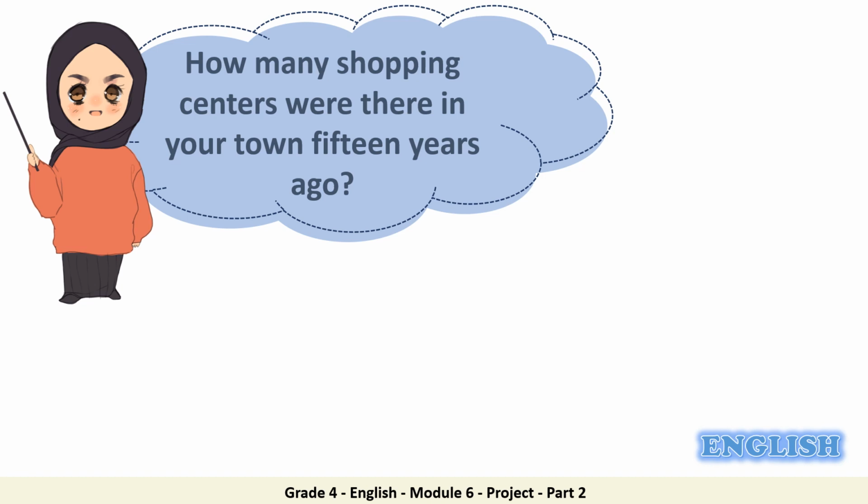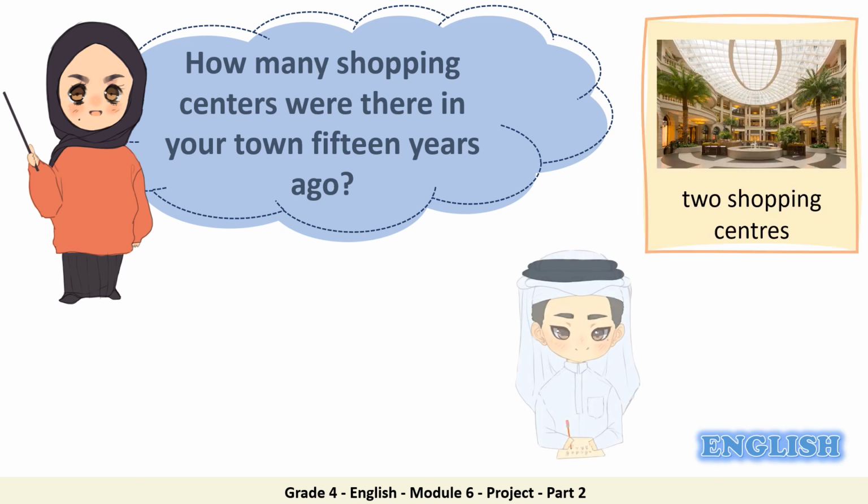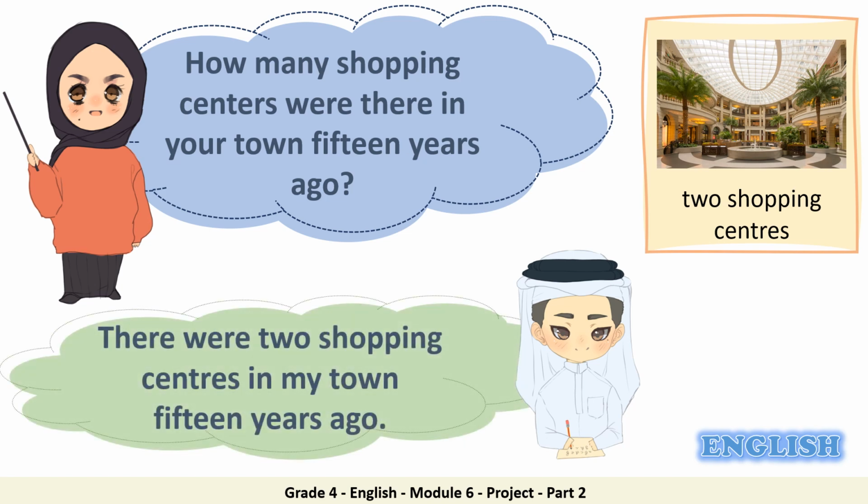How many shopping centers were there in your town 15 years ago? Look at the picture. 2 shopping centers. What would Ahmed say? Can you help him? He would say, there were 2 shopping centers in my town 15 years ago. Good job.